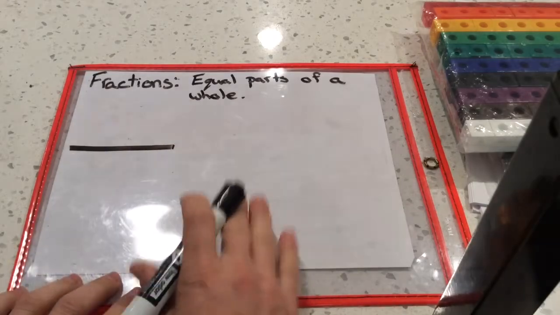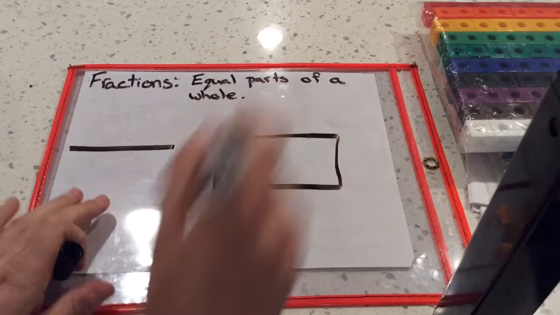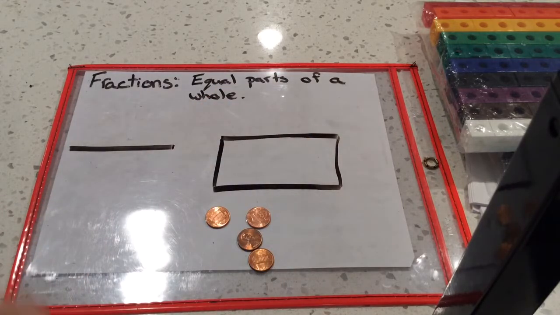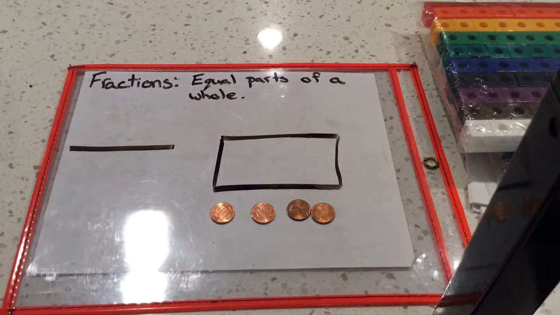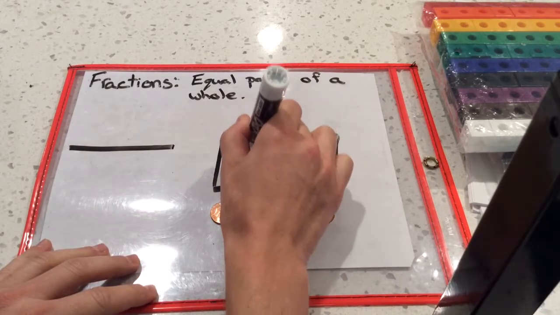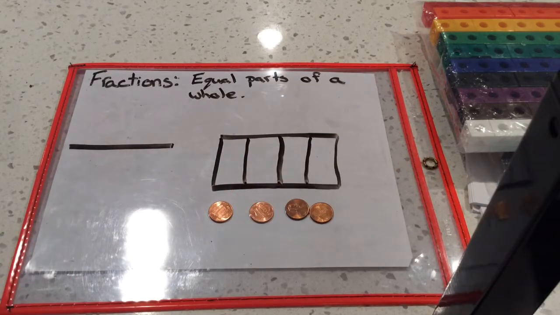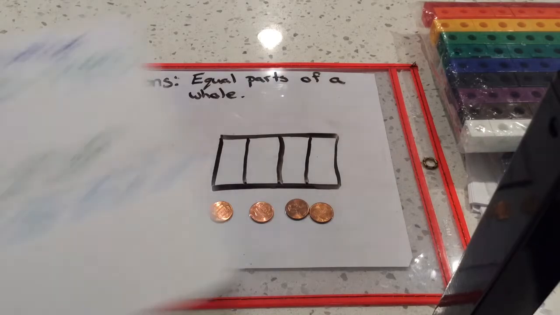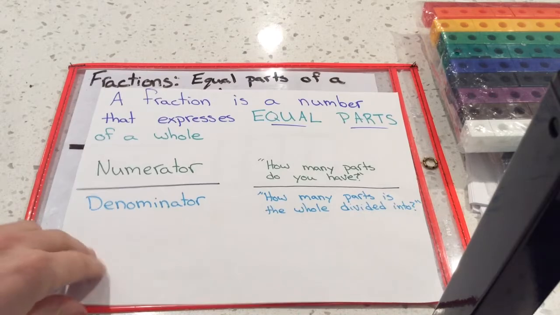So I can still keep that same rectangle, but this time I'm going to be cutting the whole into 4 pieces. Okay, 4 pieces. And thinking back to our definition, we want to make sure that we're breaking these pieces into 4 equal parts.